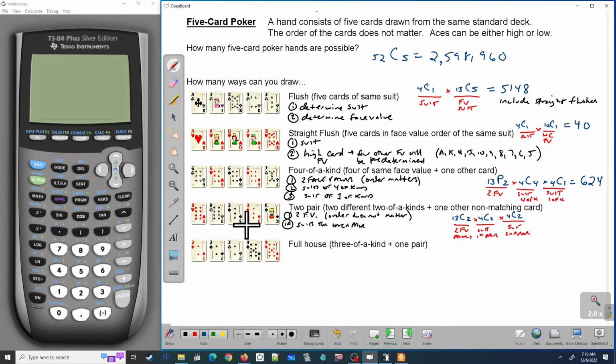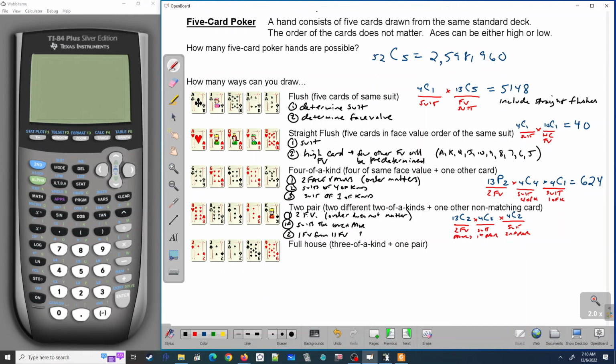Now I've taken care of those four cards. Now I can just focus on the last card, which is kind of interesting because I could break it up into two ways. I could say, first pick the face value from 11 face values. Because again, I can't have it being an 8 or a 3, I have to eliminate all the 8s and 3s at this point, otherwise it's not two pairs. It might be a full house, which we'll talk about in a moment.